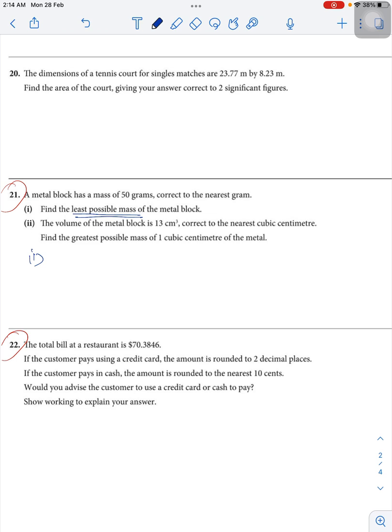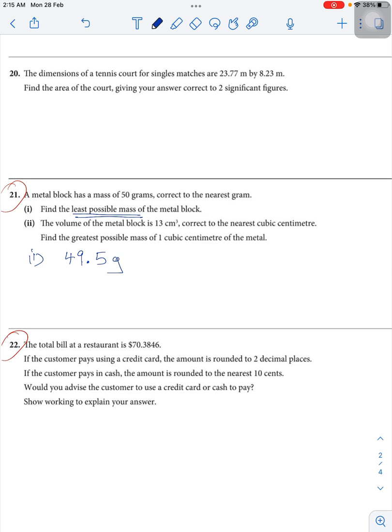So 49.5 grams, to the nearest gram. I think that should be the answer.